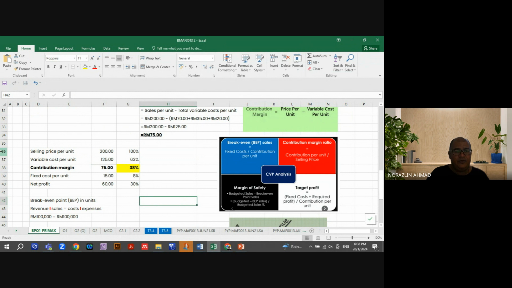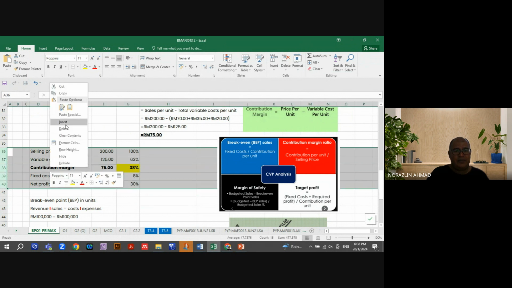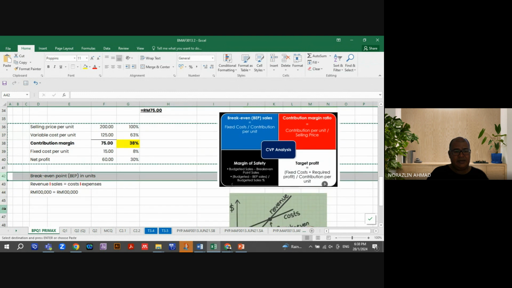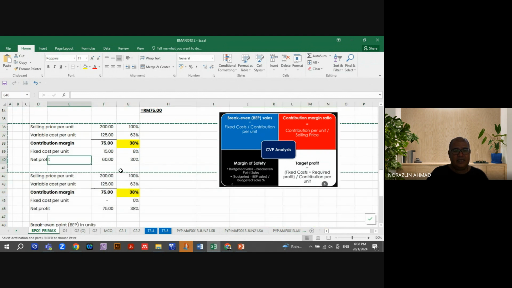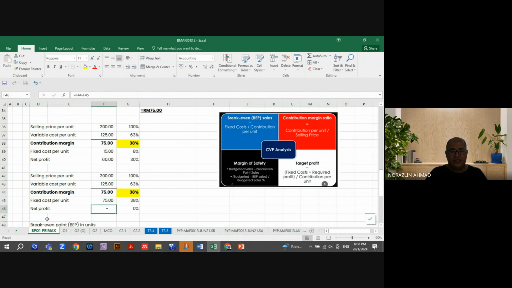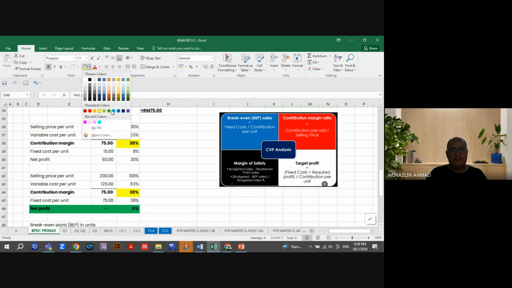If you look at this one, I copy and insert here. Selling price, fixed cost must be 75 also to get the break-even point. This one is break-even, meaning zero profit.